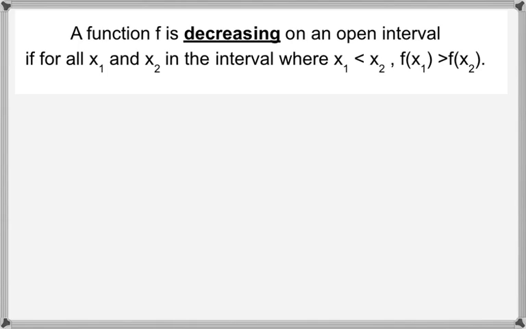Similarly, a function is decreasing on an interval if a larger x value gives a smaller y value. So here, x1 is still denoting our smaller x value, and x2 is denoting our larger x value. So this time, we see that the larger x value is giving a smaller y value.